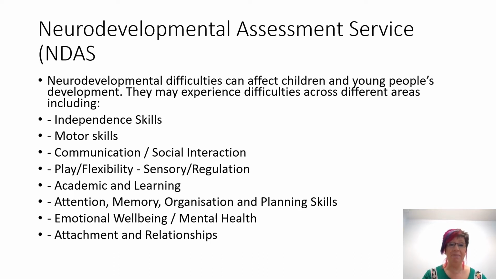It might impact on their academic and learning ability. They might have issues with attention, memory, organisation and planning skills, their emotional well-being, their mental health, their attachment and their relationships. So if you've been through the NDAS service or you're currently waiting for the NDAS service, these are the sorts of things that your children will be assessed against.